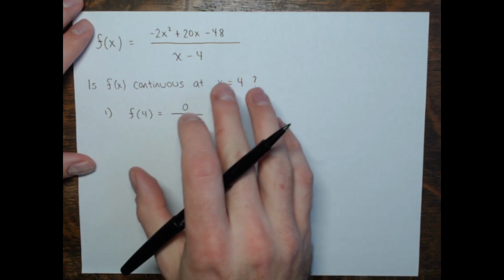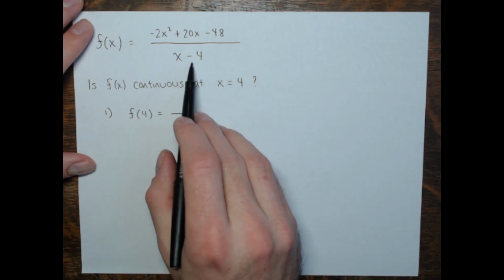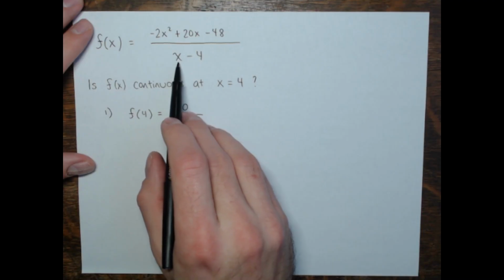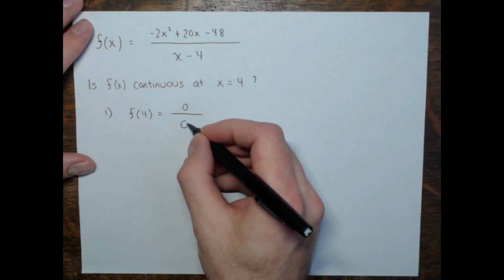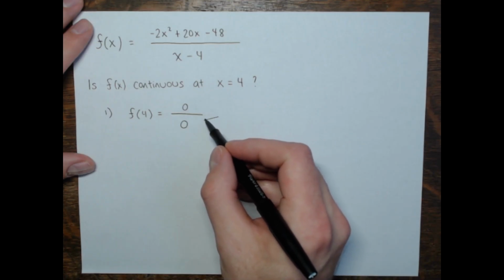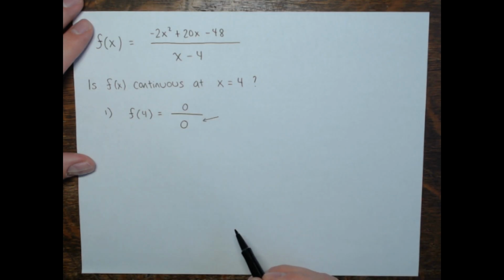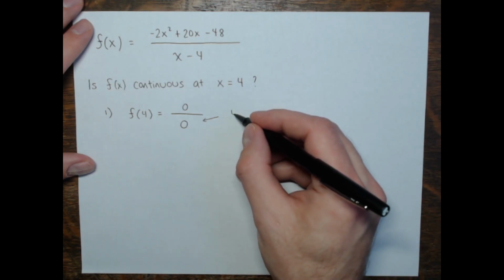You can have 0 in a numerator, but then the denominator is the problem, right? 4 minus 4 is 0. So can't divide by 0, can't have a denominator of 0, so this is undefined.